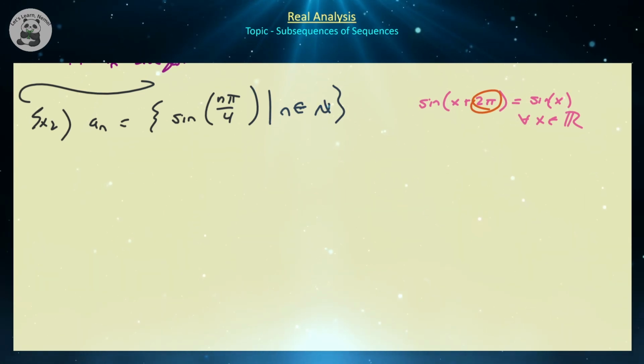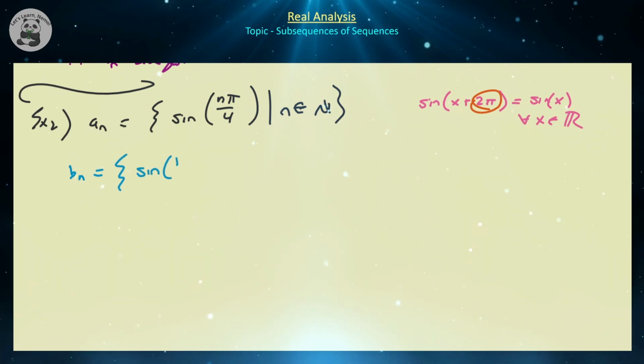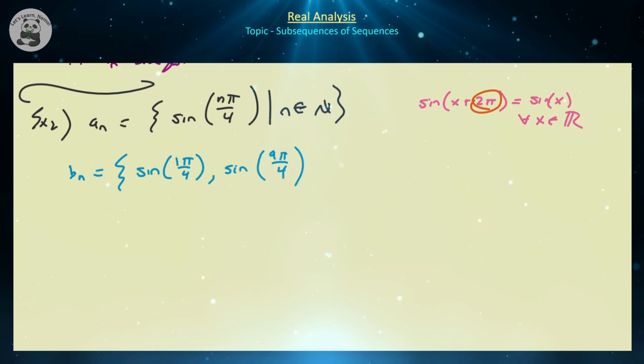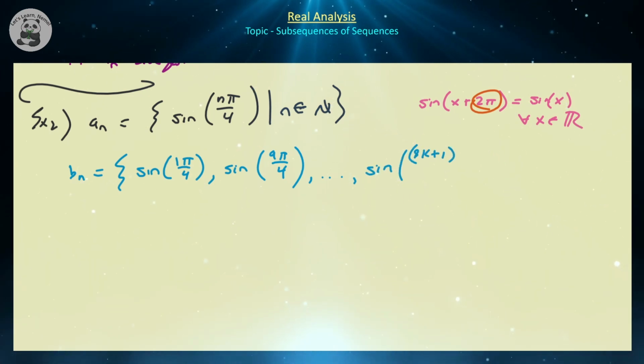All right, there are several different subsequences you could build here, but I'm just going to give you a couple of the easier ones. For example, we can choose Bn to be equal to sine of 1 pi over 4, then sine of 9 pi over 4, so that's just plus 2 pi in case you're curious. And then sine of (8k+1) pi over 4, so that's the general term of the sequence.